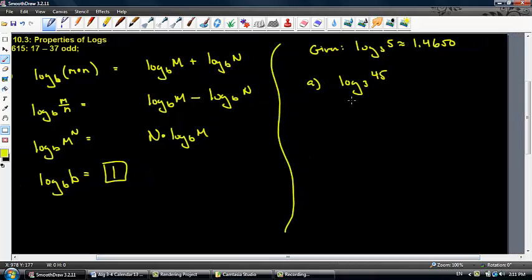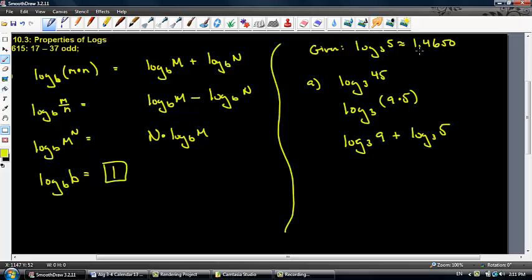I'm going to identify 45 as 9 times 5. Another way I can write this is log base 3 of 9 plus log base 3 of 5.